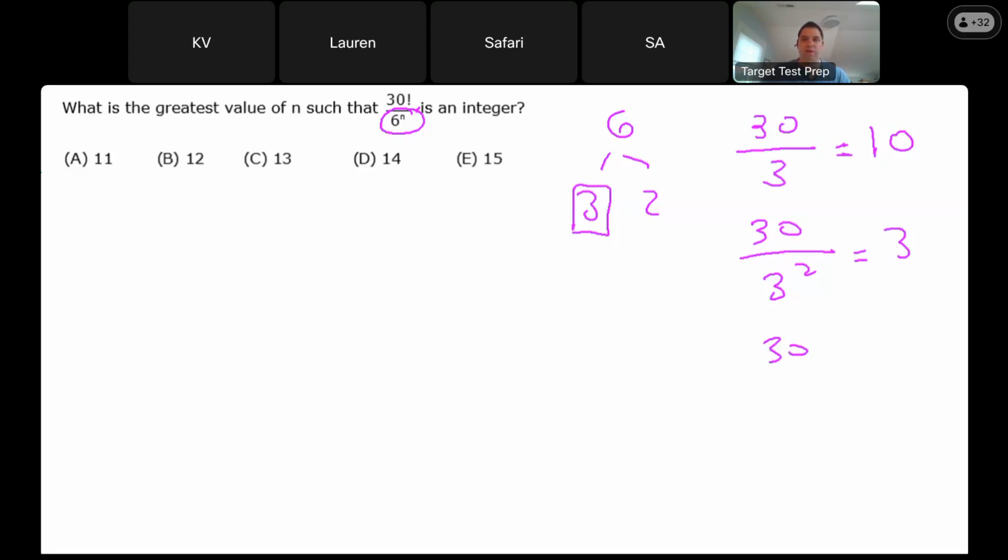And we take 30, we divide it by 3 to the 3, which is going to be 1. And then you add those together. Any questions about that?